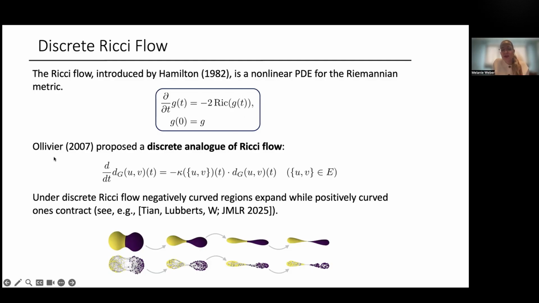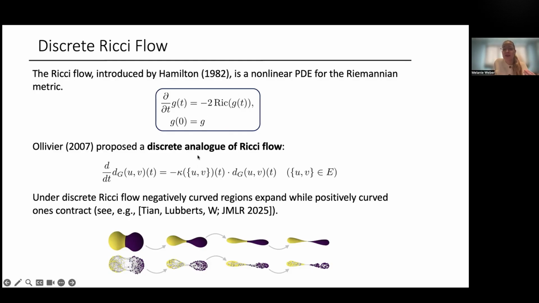Now, in the discrete setting, Ollivier, in one of the original papers when he introduced his curvature, also proposed a discrete analog of the Ricci flow that gives a similar definition of a flow in terms of the shortest path distance, which is the analog of the metric, the geodesic distance on the manifold, again guided by the curvature.